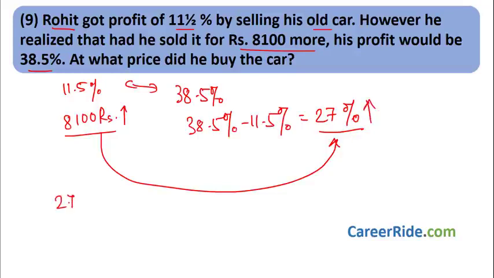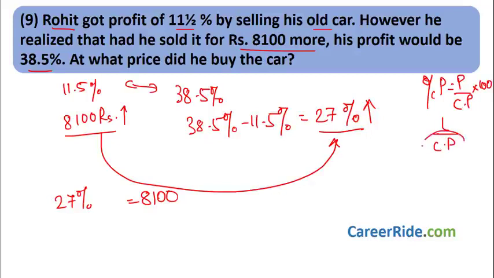So this 27% is nothing but 8,100, but 27% of what? We know that profit and loss are always calculated in terms of cost price. So percentage profit, look at the right hand side, percentage profit is profit upon cost price into 100. Even for loss, it is loss upon cost price. So profit and loss are always calculated in terms of cost price. So 27% of the cost price would be 8,100.